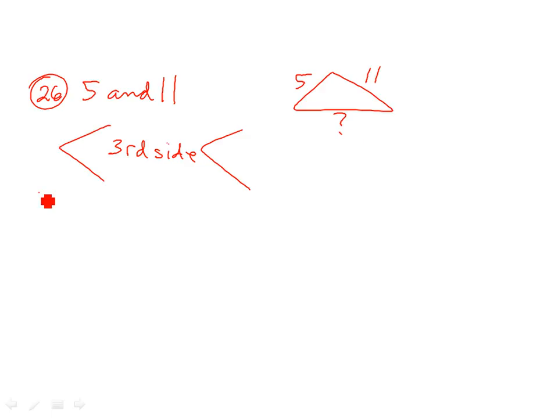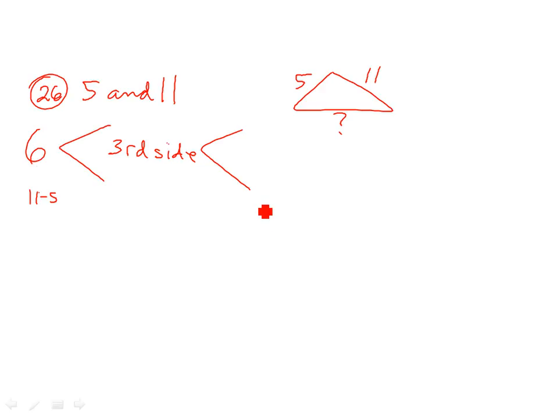How do you find the low end? You don't add them. Subtract them. So 11 minus 5. What is 11 minus 5? Six.